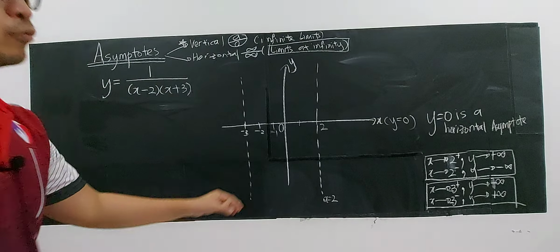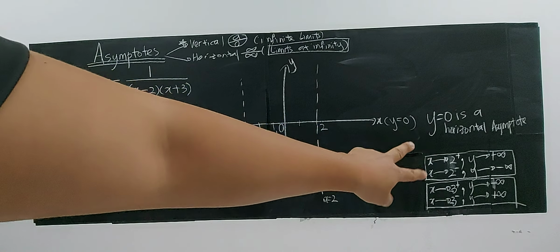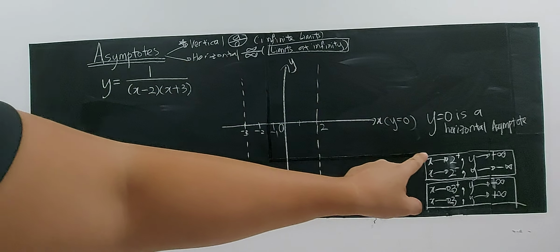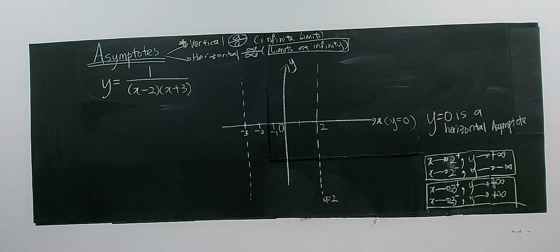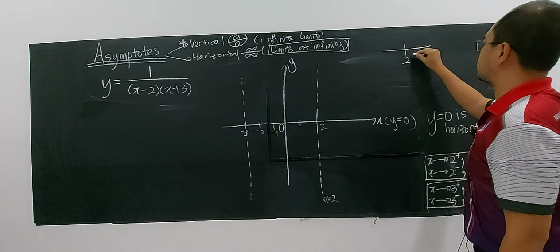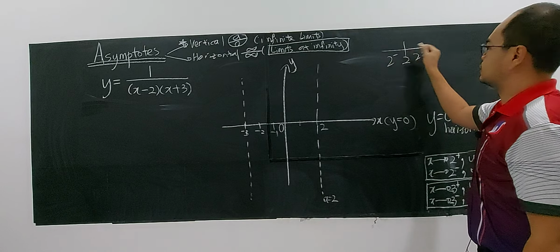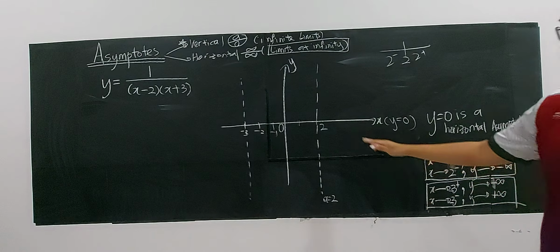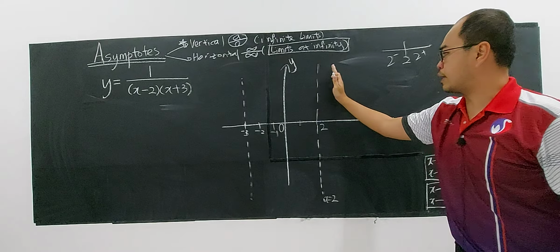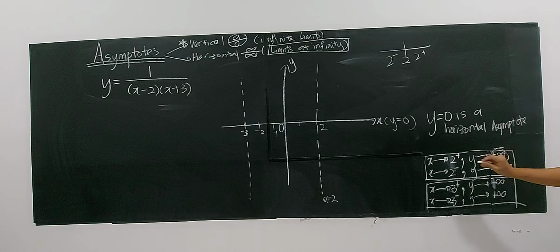So now, how do we use the vertical asymptote information to see the flow of the graph? When 2 plus, meaning to the right of 2, the graph is going to positive infinity.